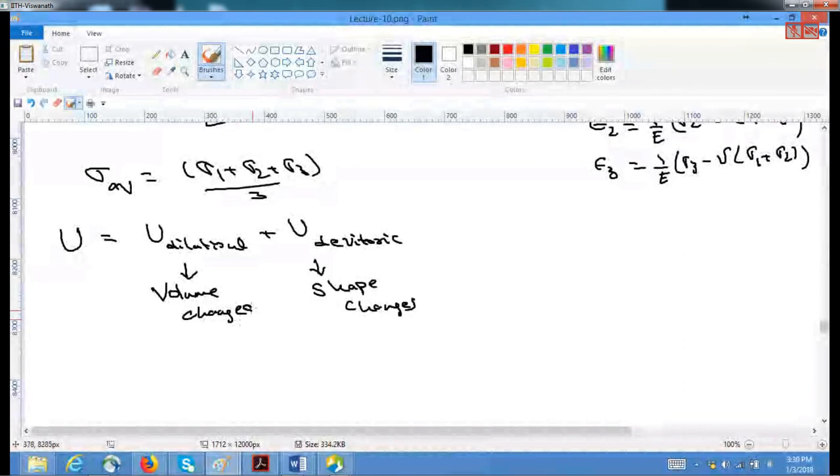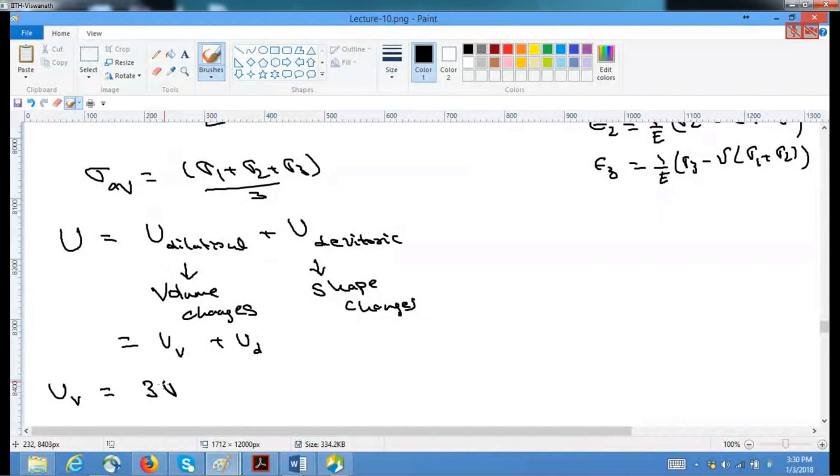So we know that plasticity is because of the shape changes, as we discussed several times. So we can write this U dilatational, which we call UV plus UD. So UV can be obtained as 3 sigma average whole square by 2E times (1 minus 2 mu).